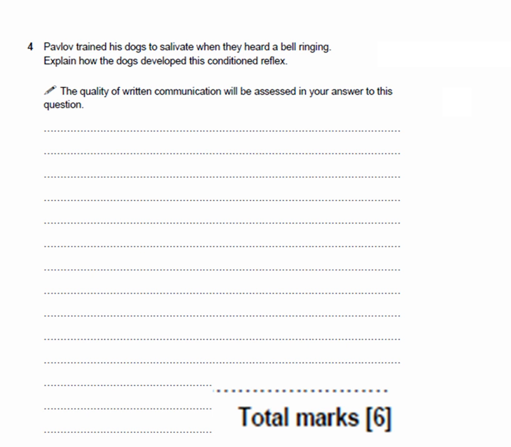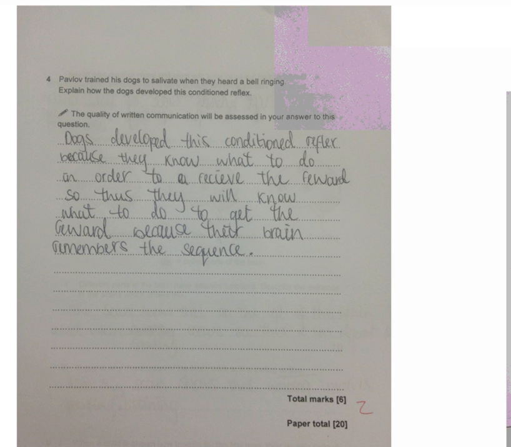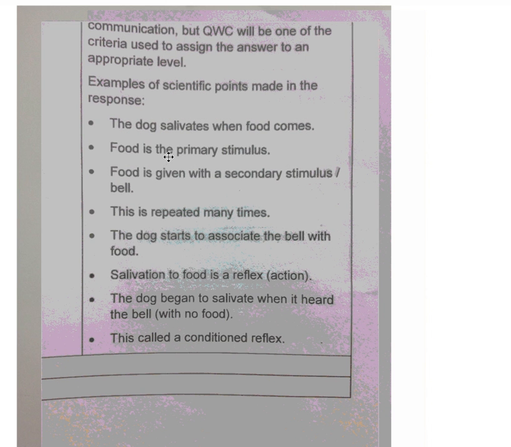Now, to go through this question, I'm going to show you a few examples of work that some students have done. Let's take a look at our first example, and before we look at it, let's bring in the mark scheme.